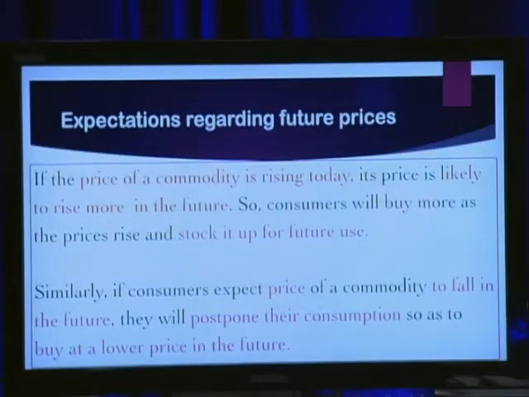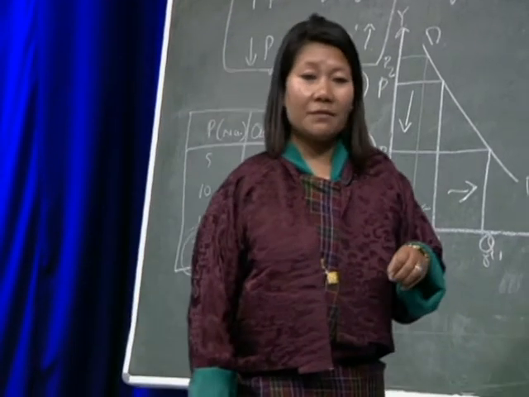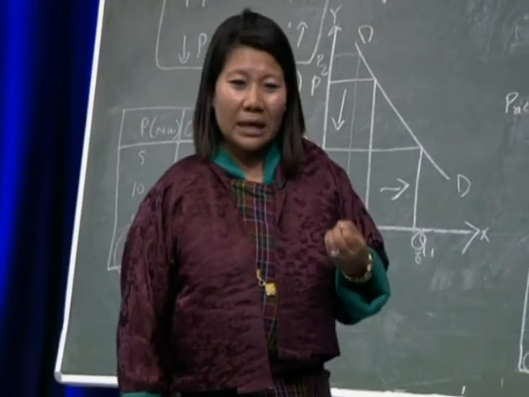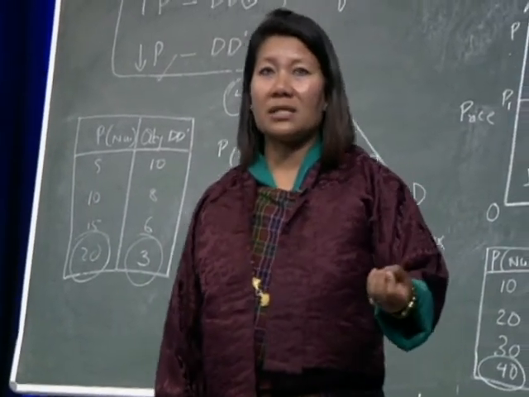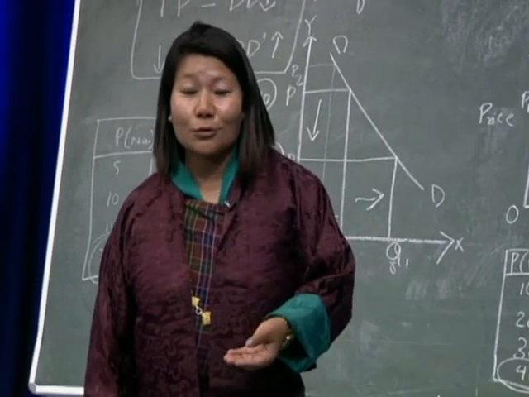Similarly, if consumers expect the price of a commodity to fall in the future, they will postpone their consumption so as to buy at a lower price in the future. Right now, let's say a liter of water is 20, and they have this expectation that maybe in 2 weeks' time or a month's time, the price of a liter of water might decrease to 10.